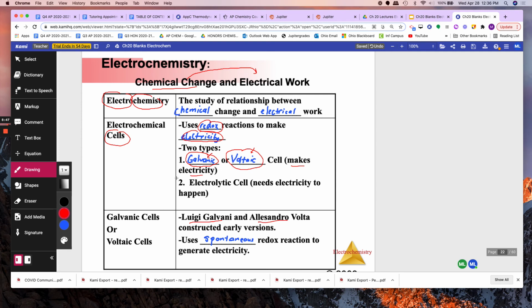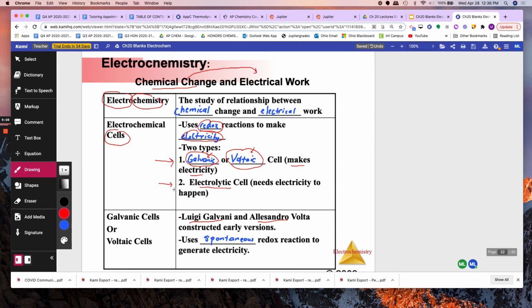Okay, that's one type. The second type is called an electrolytic cell. We will talk about that way towards the end of this chapter. The difference is that the first cell, galvanic or voltaic, makes electricity, while the second one will need electricity.